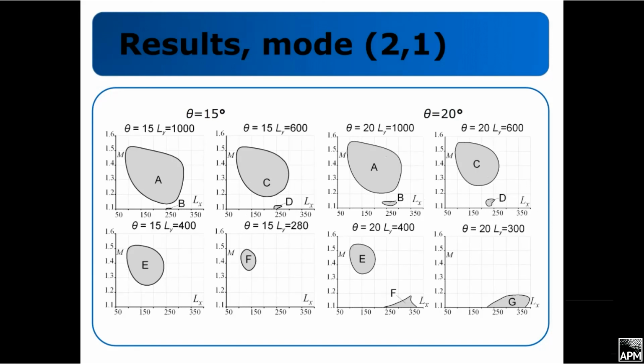With increasing value of the angle, the region of single mode flutter appears too, but additional regions B, D, and for a yaw angle of 20, regions B, D, F, and G, are regions where flutter is caused by the interaction of several modes.